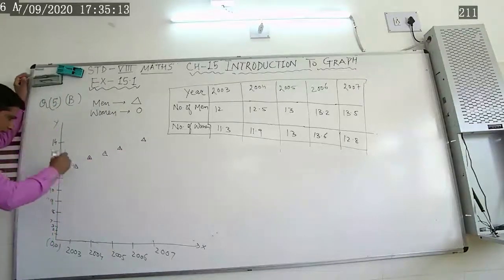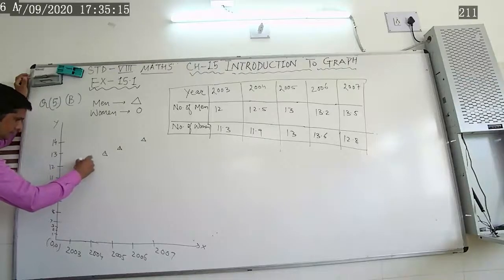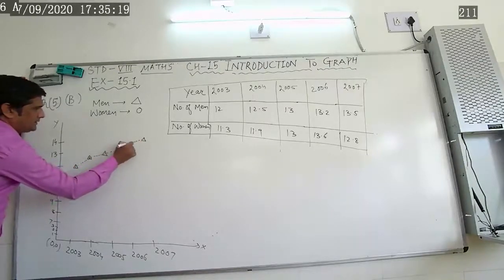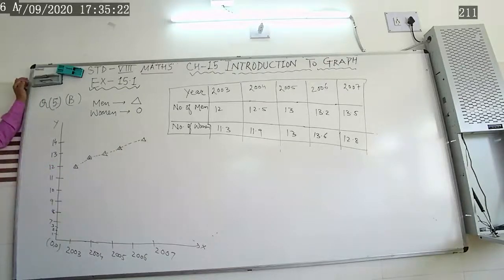So I can join these points this way, this way, this way, and this way. I have to join these points.